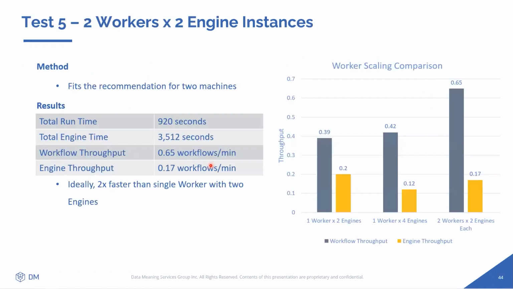And the idea here is that, as you can see, for the same amount of workflows being run, so 4 engines and 2 workers with 2 engines each running the same amount of workflows, as you can see here, it's almost doubled. So if you include more engines in a separate machine, you will be able to run 2 times faster.